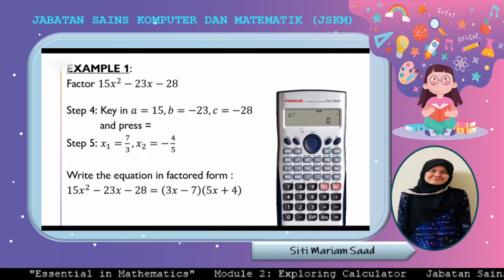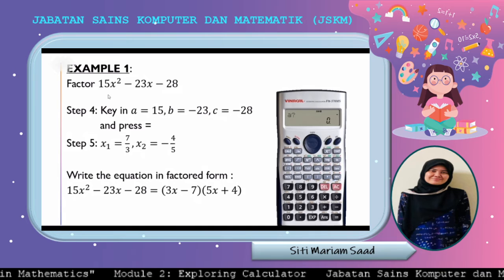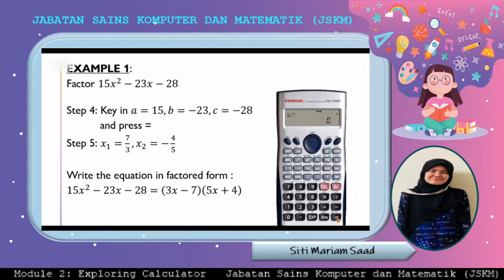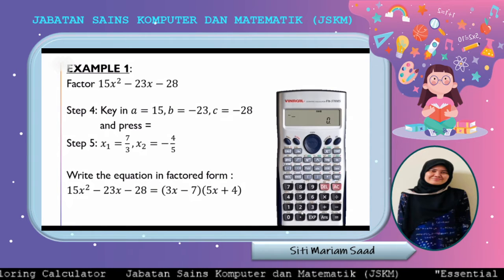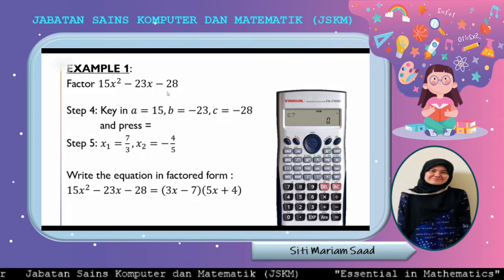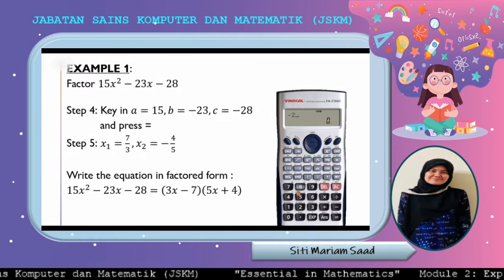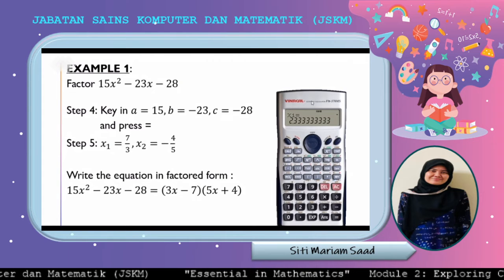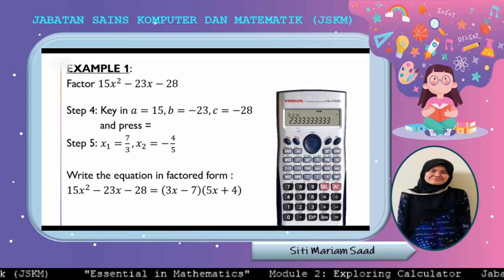Now key in all the coefficients: a as 15, then press equal, b as negative 23, and c as negative 28. Then press equal.